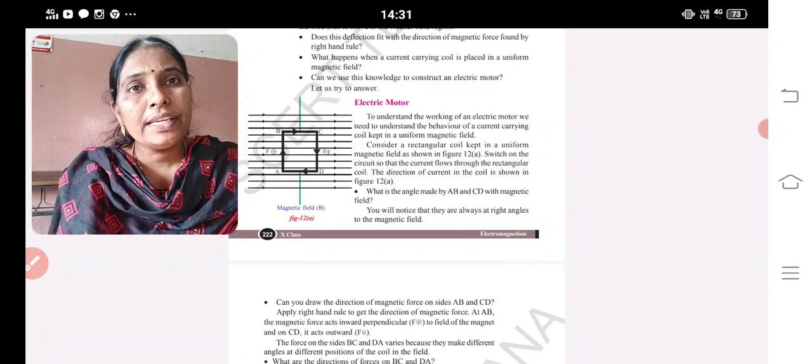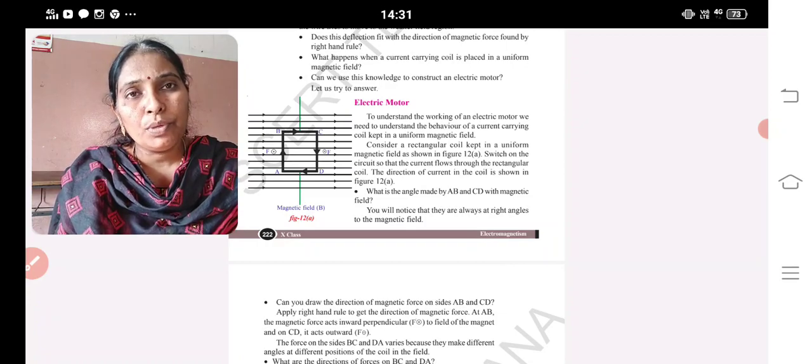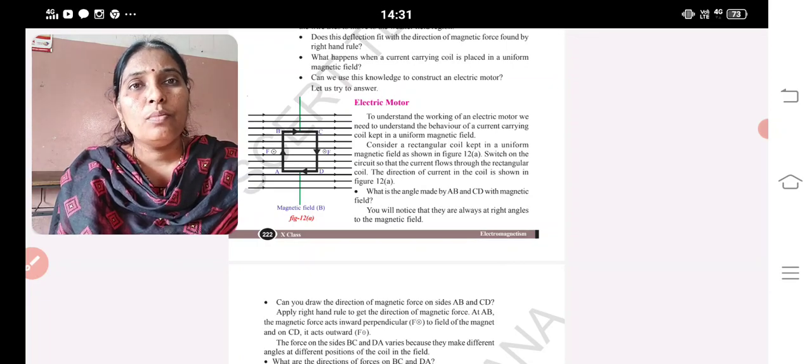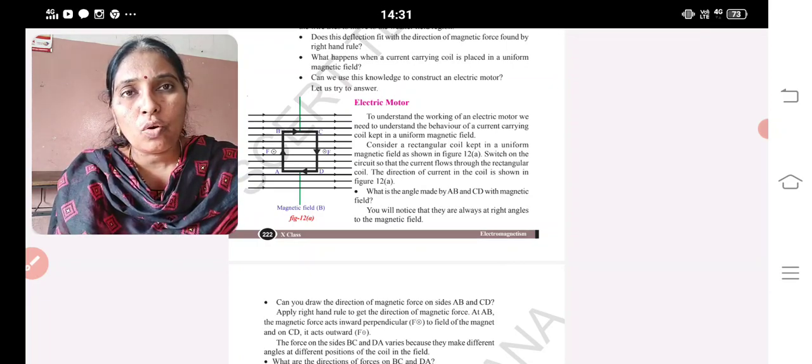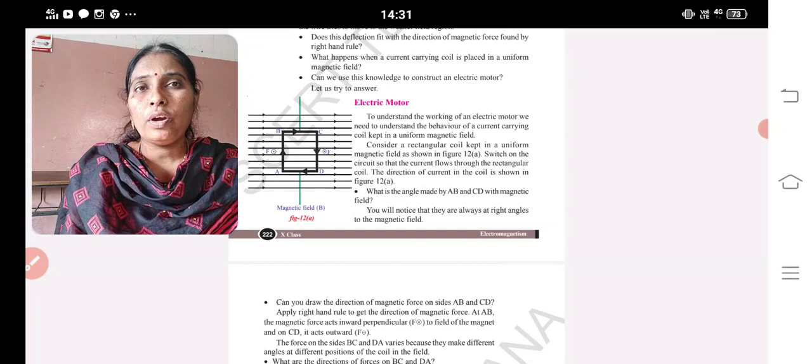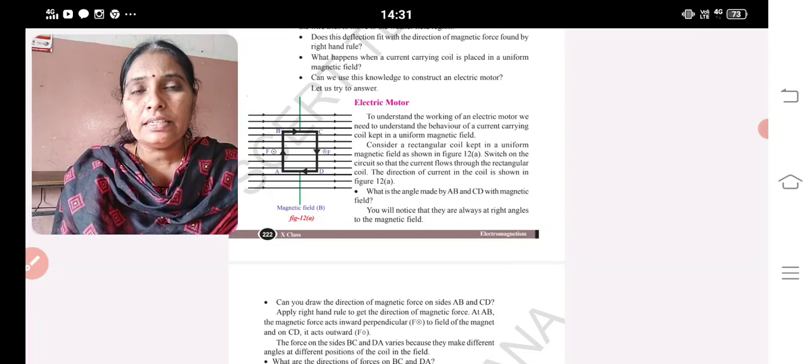When you bring a bar magnet near the coil and move it away, he observed a slight deflection in the galvanometer. It means an electric field is developed.